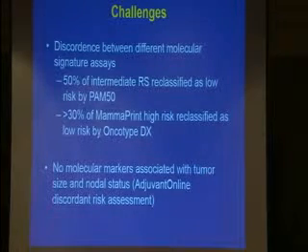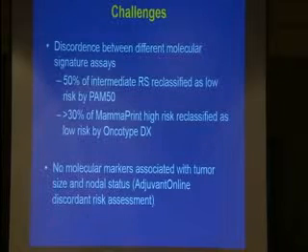On the other hand, more than 30% of MammaPrint high-risk patients are reclassified as low risk by Oncotype DX. So you can see that because these tests examine different sets of genes, they give different results. And so the question is, which test should we use? We do not know. It's just the test that you feel good with.